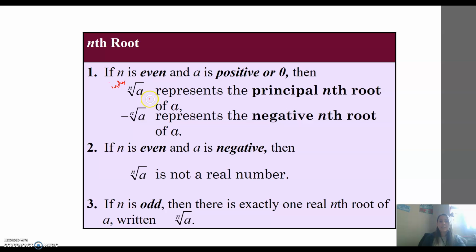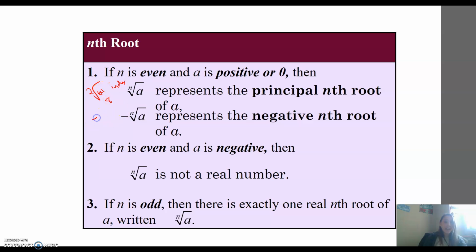Then it works. If we have a negative on the outside, then that represents a negative of the nth root. Let me give you an example. For this one, we'll do the square root of 64. The square root of 64 is 8. All right, that works because this is even and this was positive.